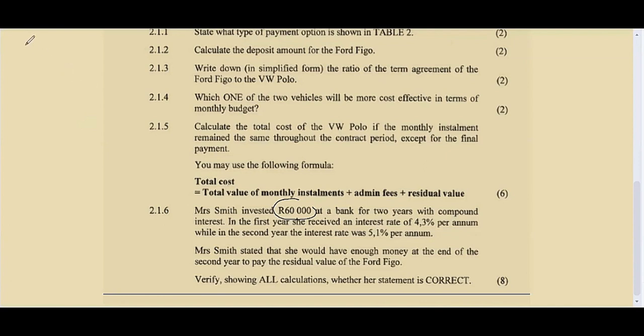So now let's start off by calculating the interest that she would receive in the first year if she invests the 60,000. Remember, this is compound interest, so it's compounded. Then that's 60,000 multiplied by 4.3 over 100.